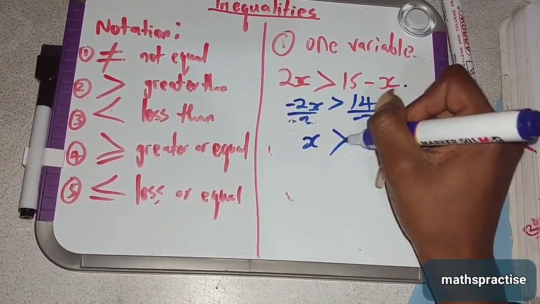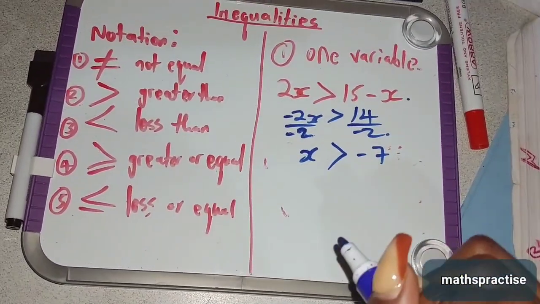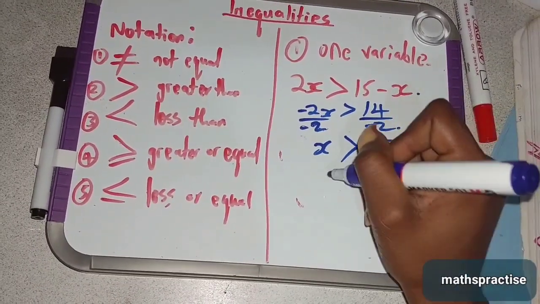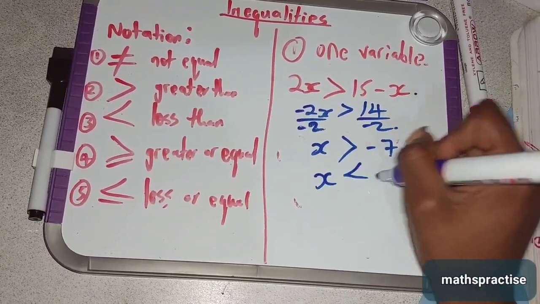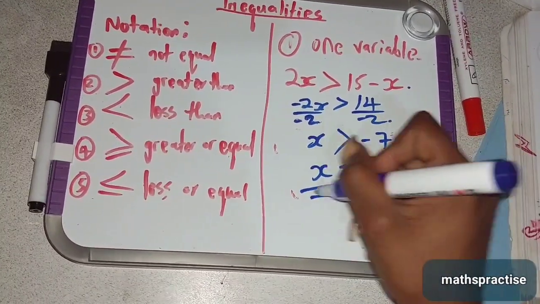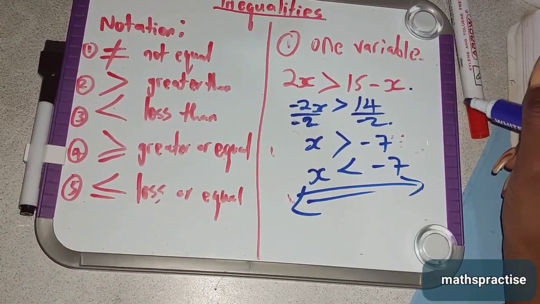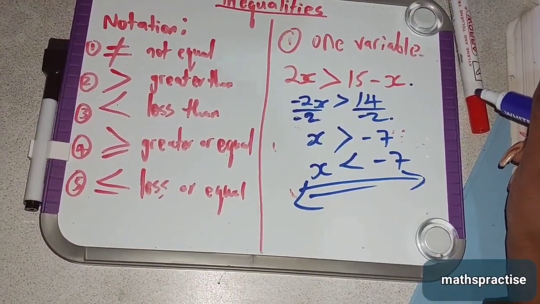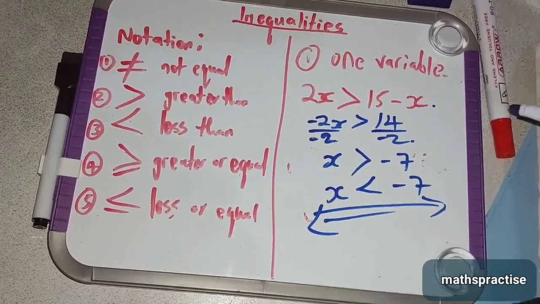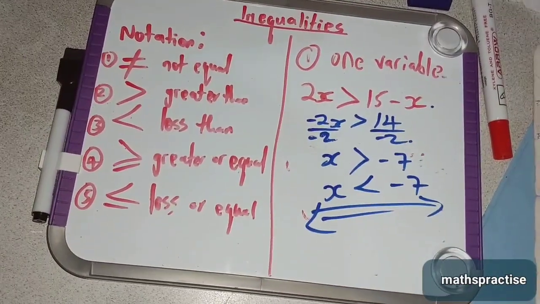You have to change the sign because you divided by a negative number, so it becomes x is less than -7. That's the only difference with equations: whenever you divide by a negative number, you change the sign. Otherwise, everything is the same.